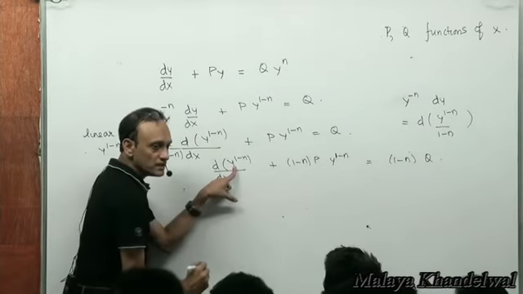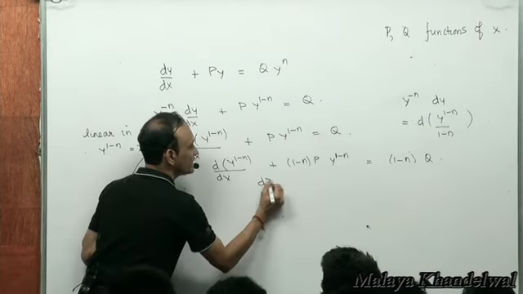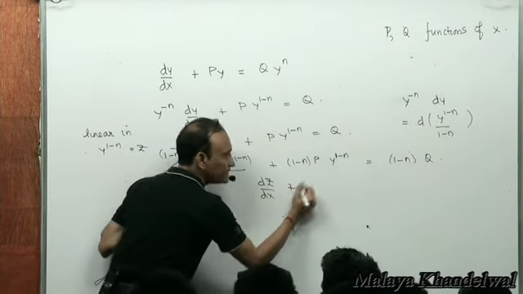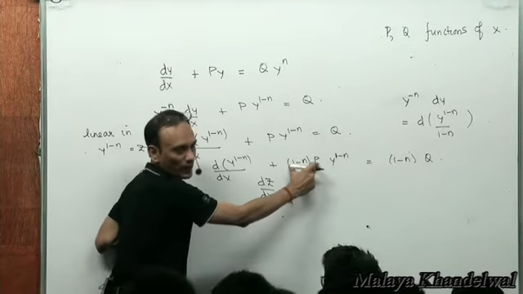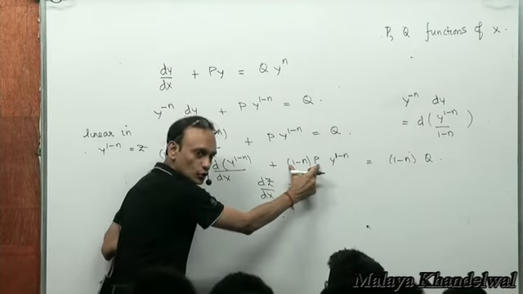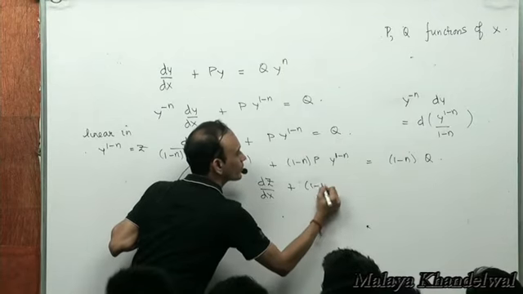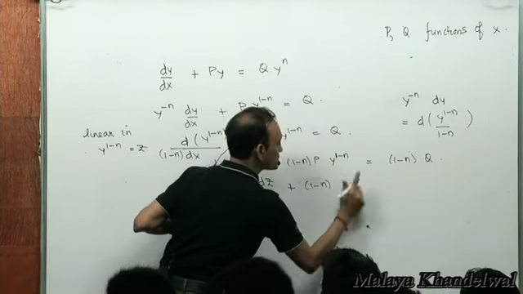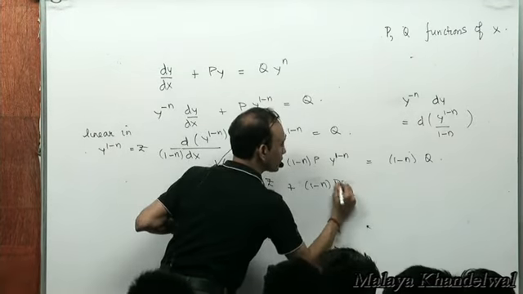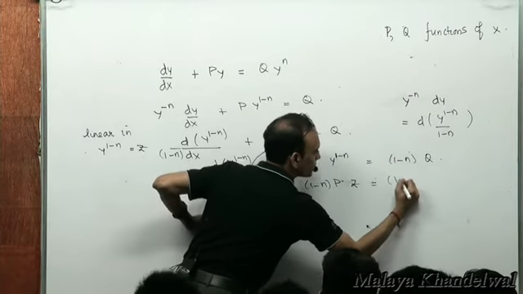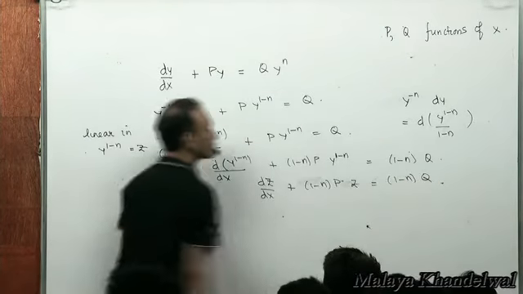And then you take this as z. So I have dz dx, and the new p becomes p into 1 minus n, z equals 1 minus n into q.